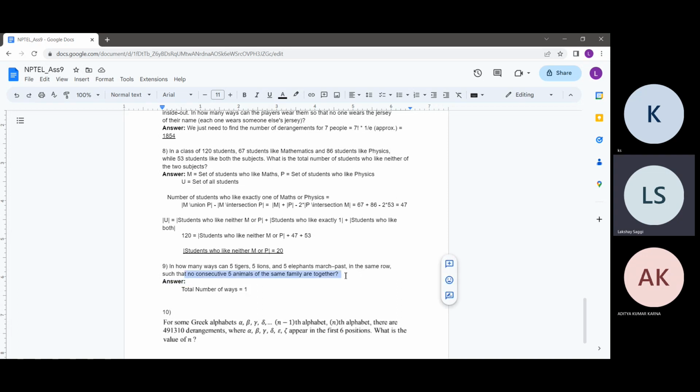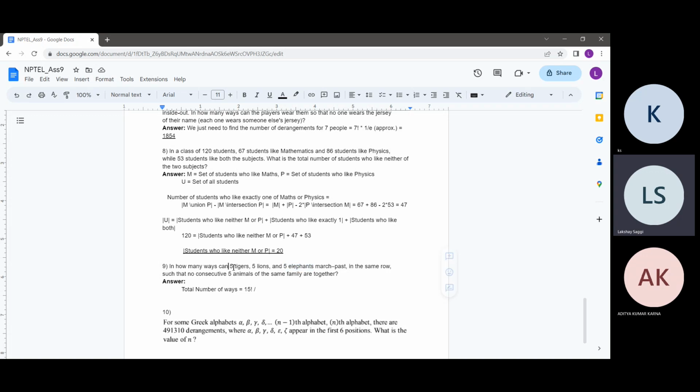Like if these restrictions are not there, then in how many ways can five tigers, five lions, and five elephants march past? So it will be nothing but just the number of ways of arranging these 15 objects, where these five are of the same type, these five are of the same type, and these five are of the same type. So five are tigers, five are lions, five are elephants. So it will be 15 factorial divided by, like we know from multinomial theorem, because there are similar five objects of one type, five of another, and five of another type.